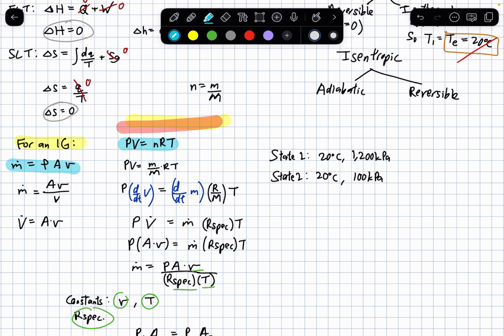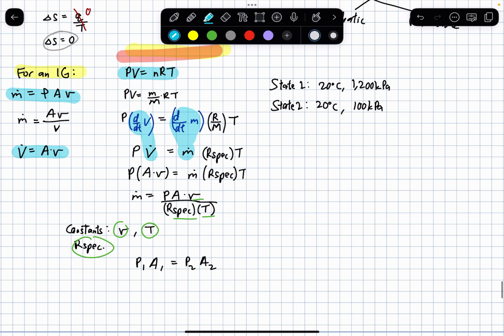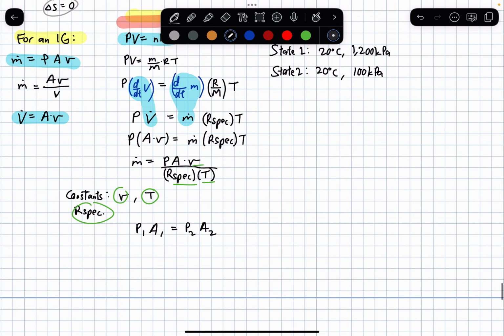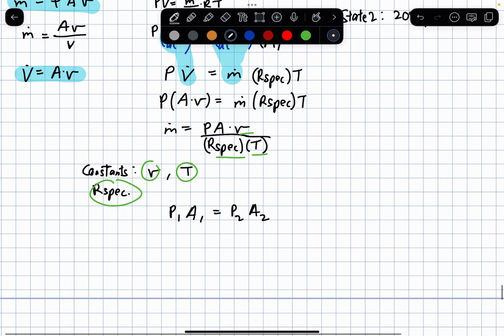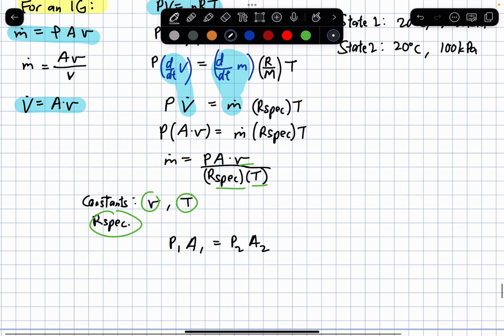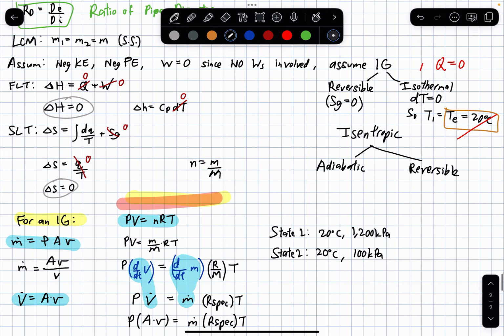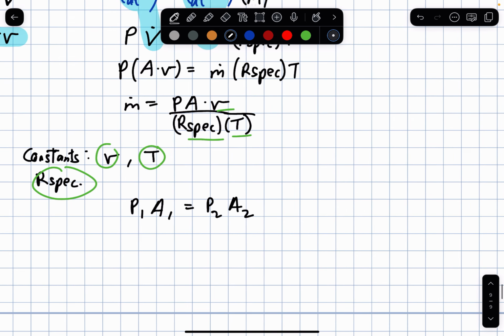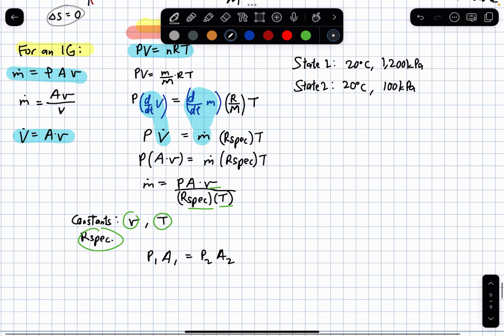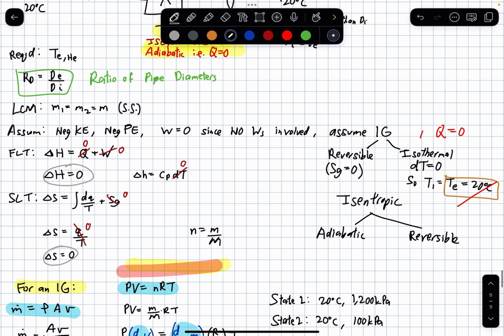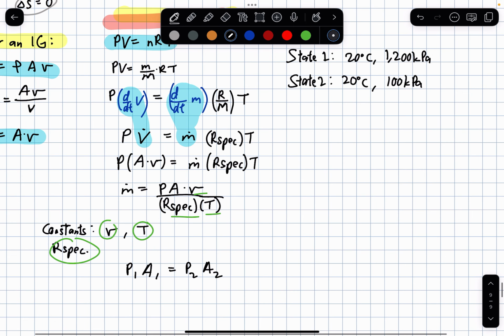We know this as volumetric flow rate, this one as mass flow rate. We identify the constants and just the ones that vary. Since we're just looking for the ratio, we don't have to know the areas 1 and 2.